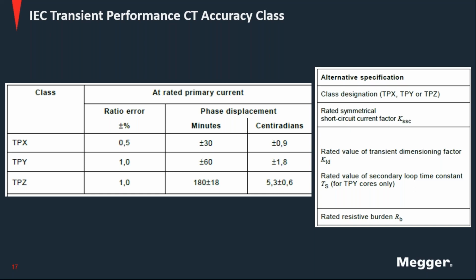And these are parameters that need to be calculated from the results and then compared to the characteristics of the CT. So when you test this type of CTs, the software needs to calculate these values. So that's part of the assessment in these instrument transformers.